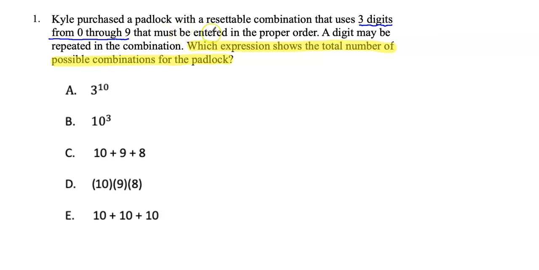And the digits must be entered in proper order. And it says here a digit may be repeated in the combination. So, when setting the combination, you can choose from these digits, 0 through 9. I'll write those out.